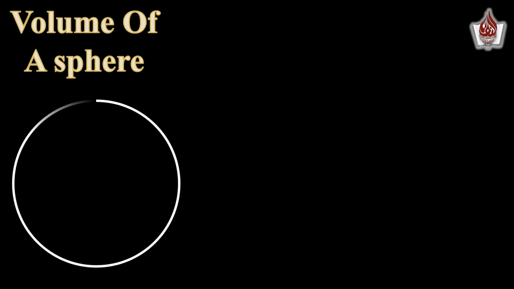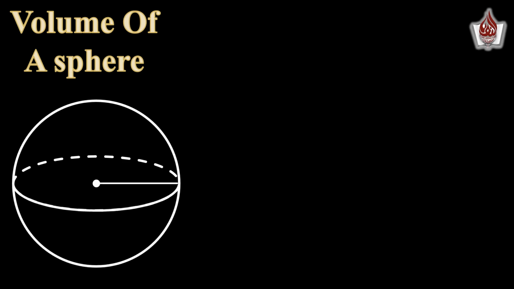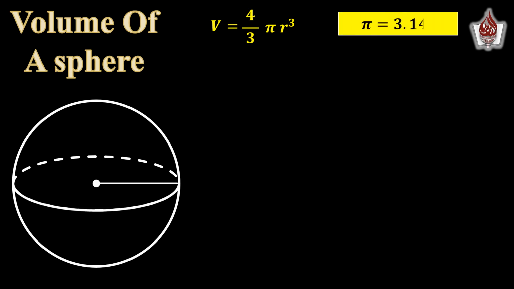Okay, now I'm going to solve with you this example. This shape is a sphere. Now, the volume of a sphere equals 4/3 pi r cubed, where r is the radius and pi is approximately 3.14.